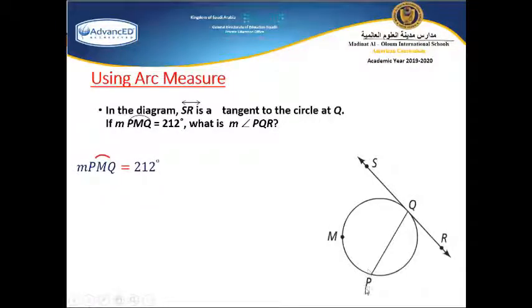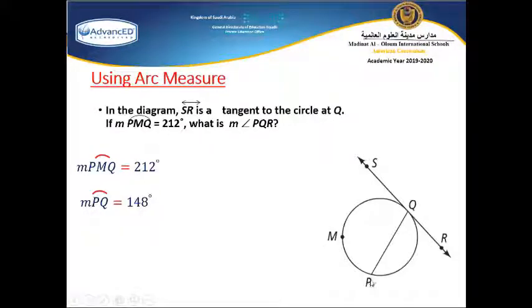How to find the measure of angle PQR? Since we have a tangent, the angle PQR equals half the measure of the intercepted arc PQ. Let's find the measure of the arc PQ. Here, as we see in the given, the measure of the arc PMQ is 212, then the remainder of this circle equals 360 minus 212, so the measure of the arc PQ equals 148.